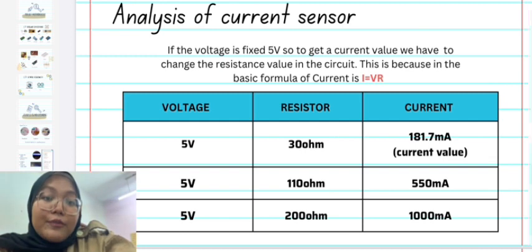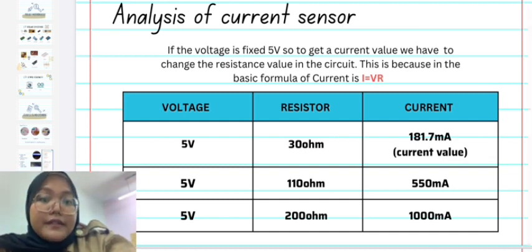This is my analysis of my current sensor. If the voltage is fixed at 5 volts, to get the current value we have to change the resistance value in the circuit, because the basic formula of current is I equals V over R. The voltage is fixed at 5 volt, and the resistance values we have are 30 ohm, 110 ohm and 200 ohm. The current value now is 181.2 milliampere.